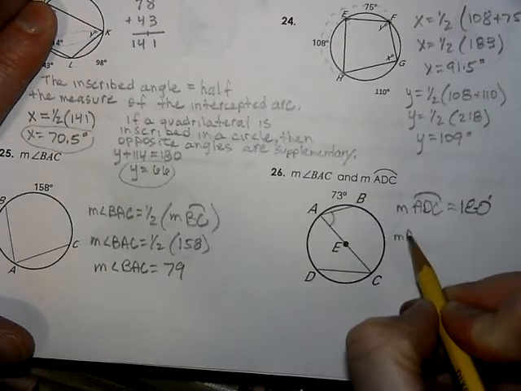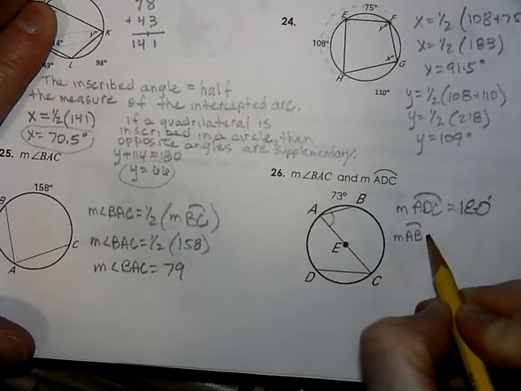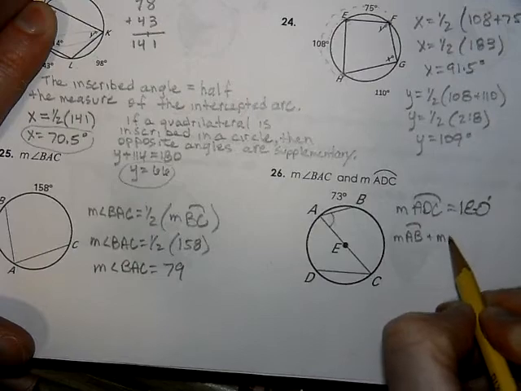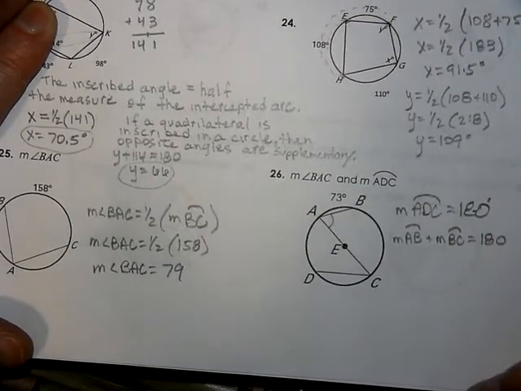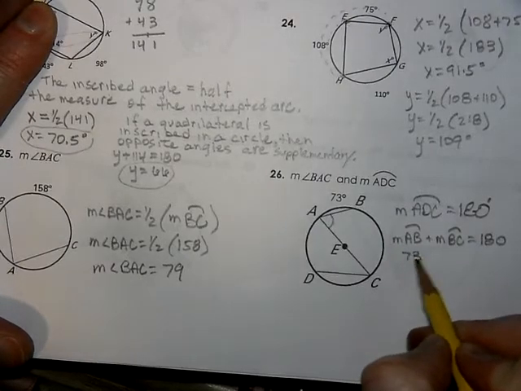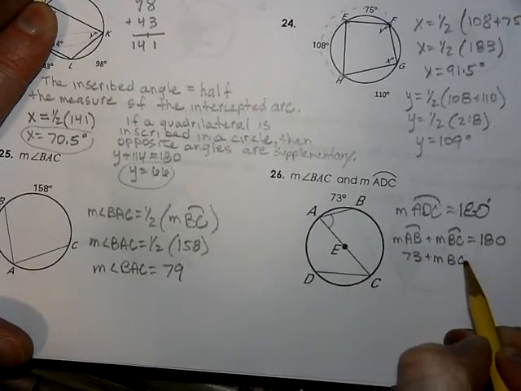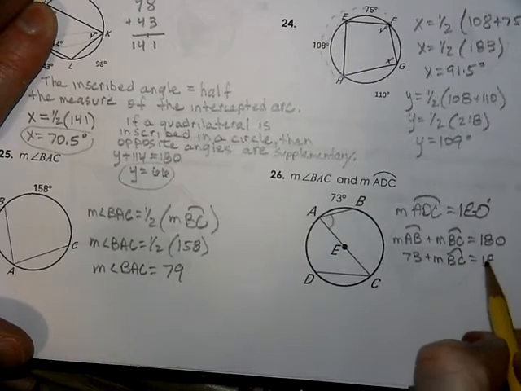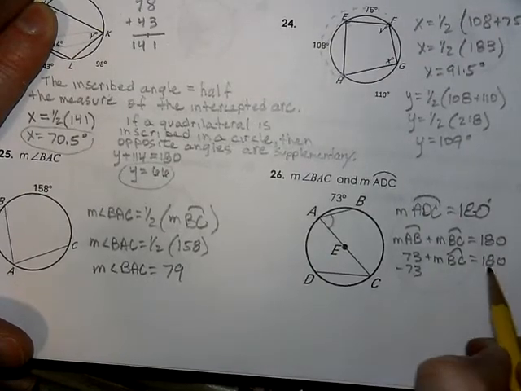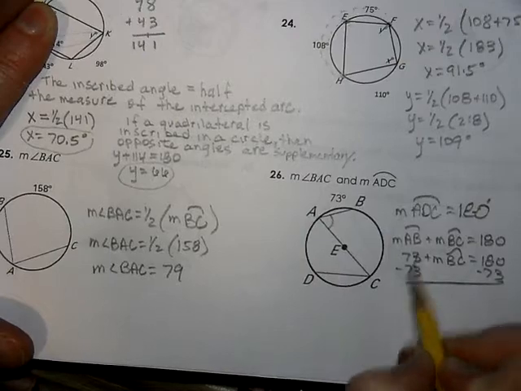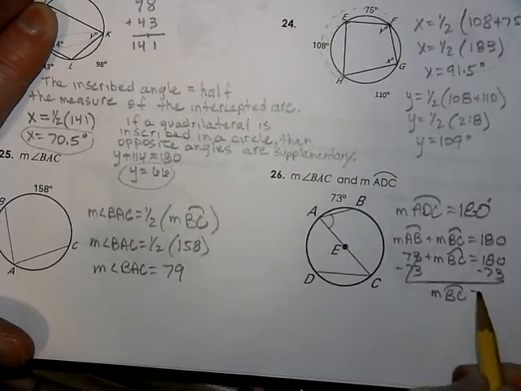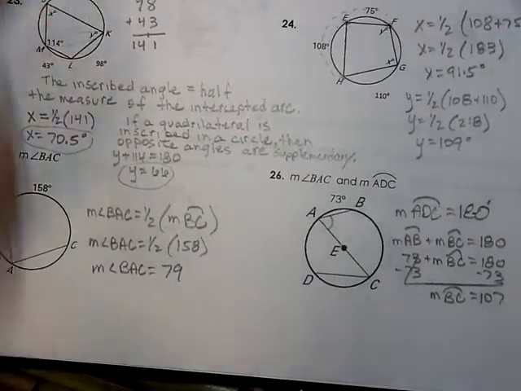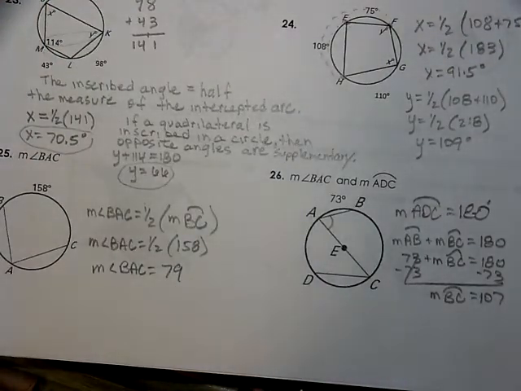So the measure of arc AB plus the measure of arc BC has to also be equal to 180. AB is 73. So we're going to subtract the 73 across, and that's going to give us the measure of arc BC is 107.